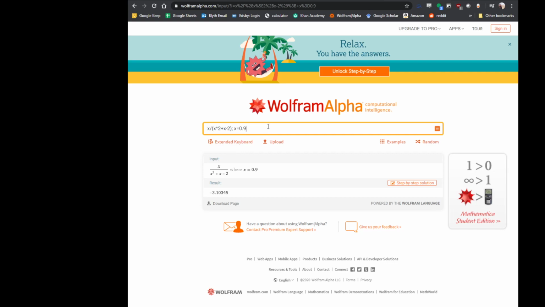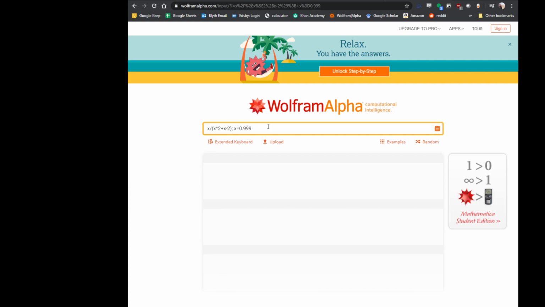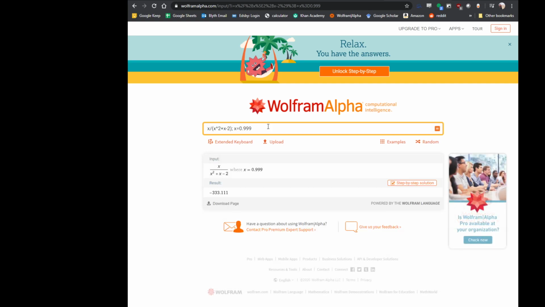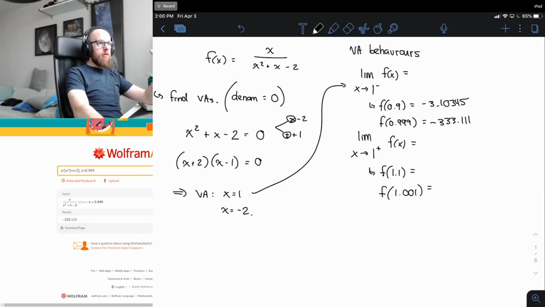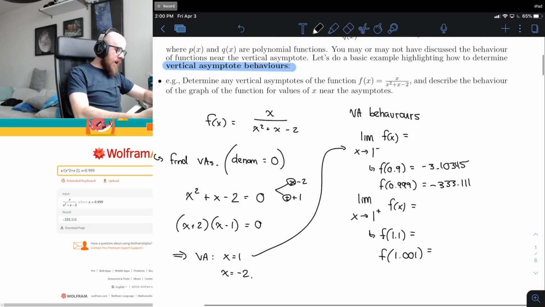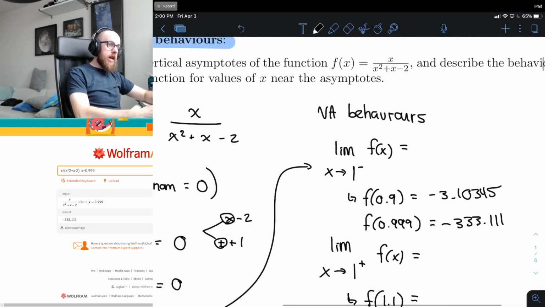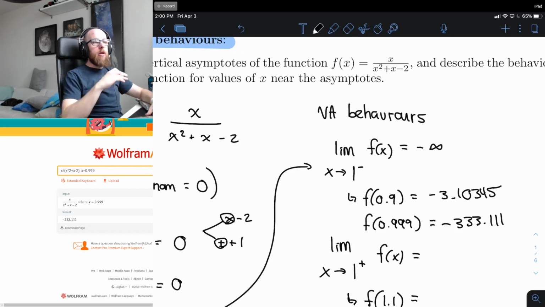And then when x is equal to 0.999, we get negative 333.111. Based off those two values, as I get closer and closer to x equals 1, it looks as though my function is getting increasingly more negative. And so we say that the limit as x approaches 1 from the negative side is equal to negative infinity, because my values just get continually smaller.